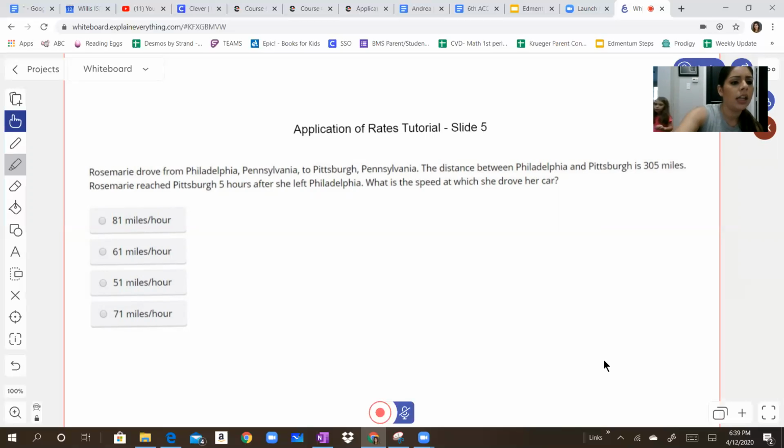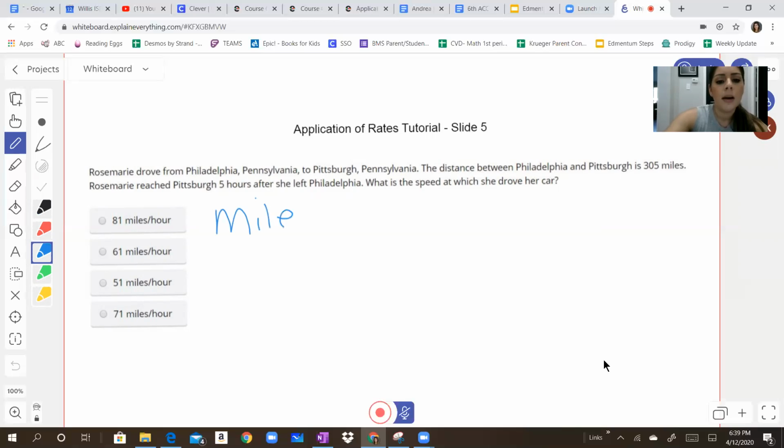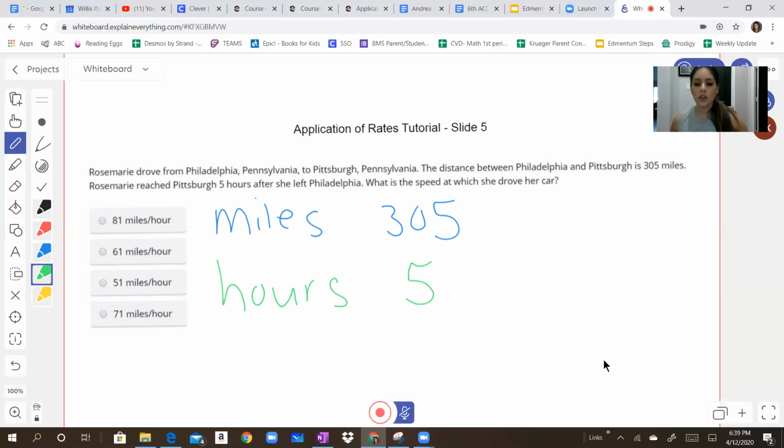So let's get some color coordination going here. 305, the unit is miles. And we know she drove 305 miles. And we know the other unit we are comparing is hours. It took her 5 hours to drive 305 miles.